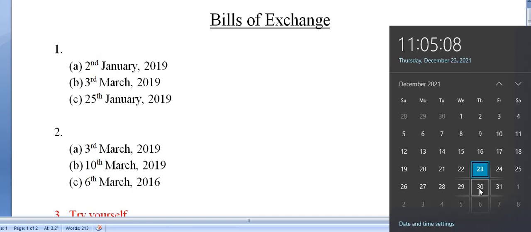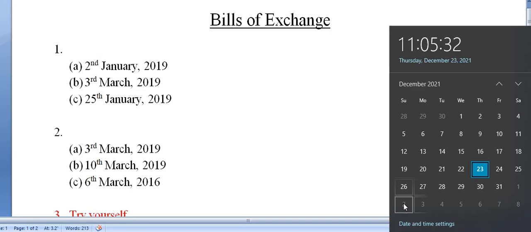Now you must add 3 days extra grace period. So 30th plus 1, 2, 3. On which date is the maturity date falling? That is on 2nd of January 2019, because it will be the next year.